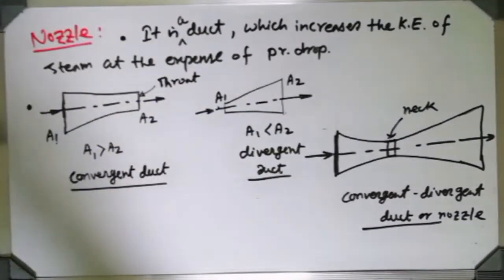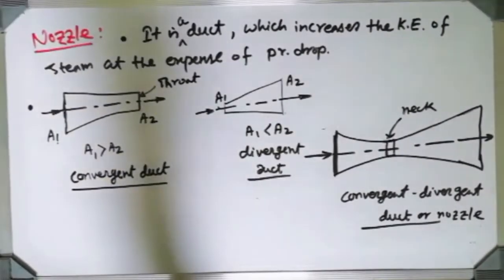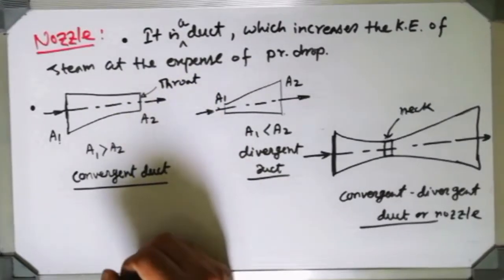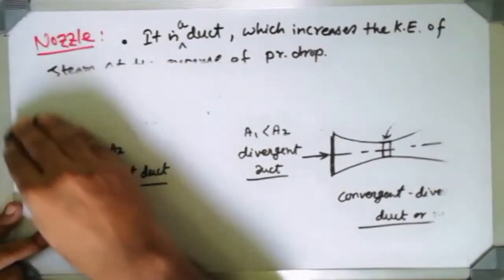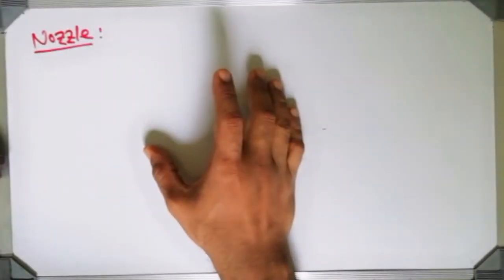Now we are going to see how the actual governing equation of nozzle can be derived. That means based on which equation a nozzle can be expressed properly. That equation will give you the idea of how the nozzle is related with the cross sectional area of the nozzle as well as with the pressure and the velocity.